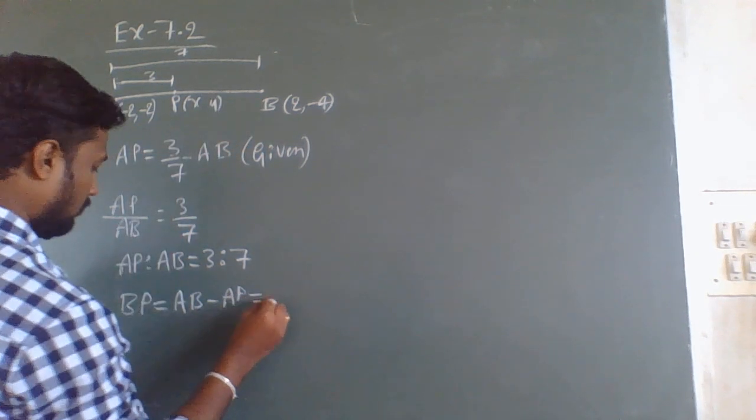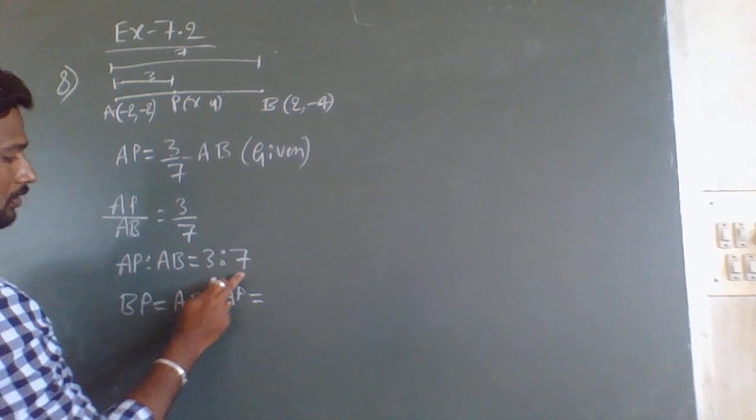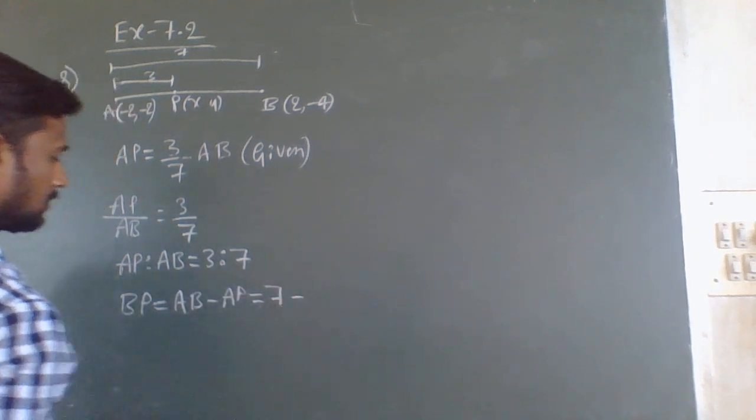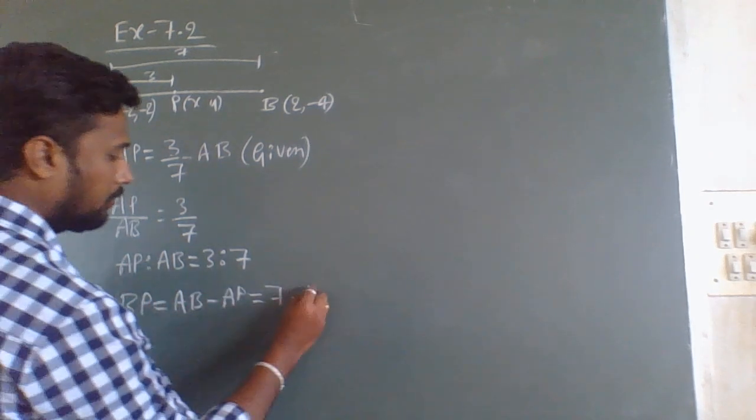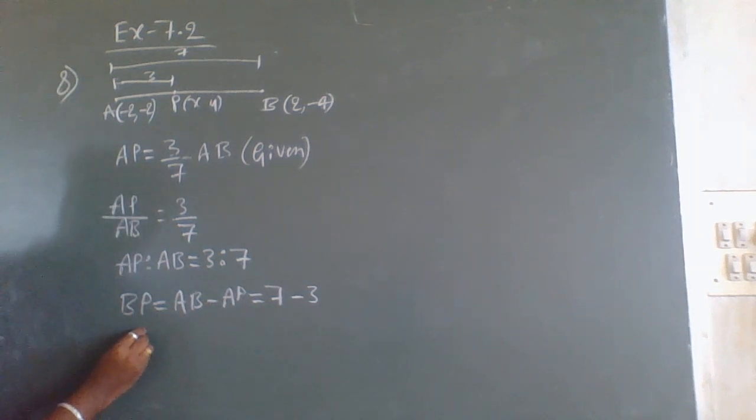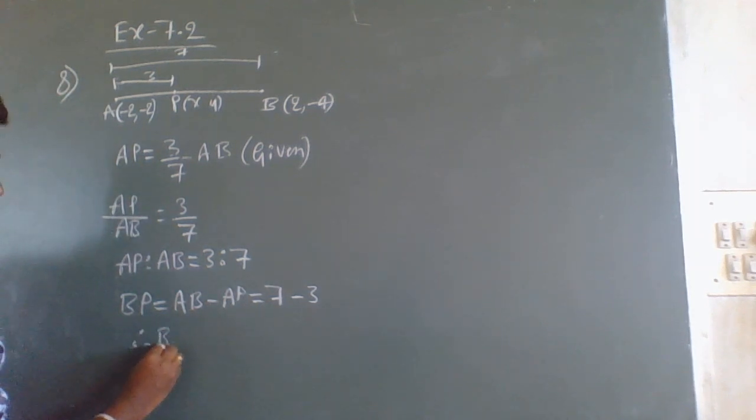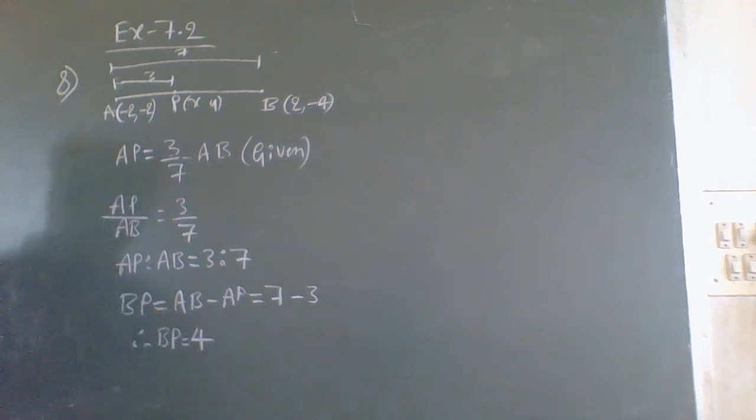So here what is the AB value? 7, minus what is the AP value? 3. Therefore BP value is 7 minus 3, which means 4.